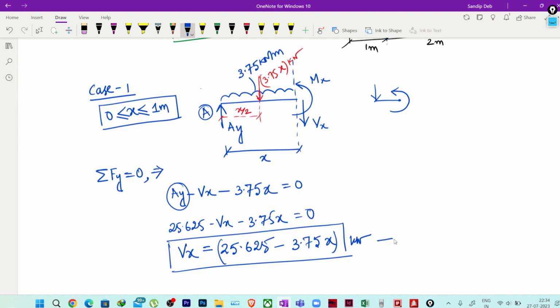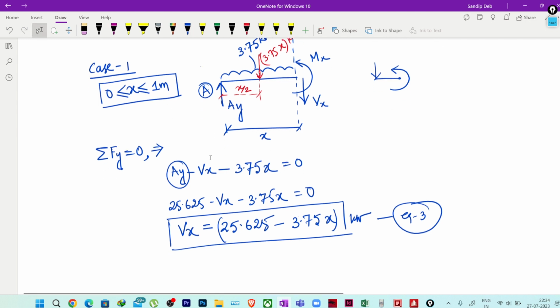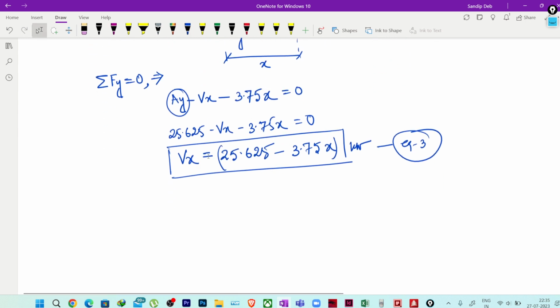So I will name it as equation 3. We will check, once we progress with the calculation, then you will understand why we are finding it. Though it is not required directly, we can write from the values we have got, but just to proof check, or just to show you that yes, exactly we are getting the same. So that's why we are doing this.